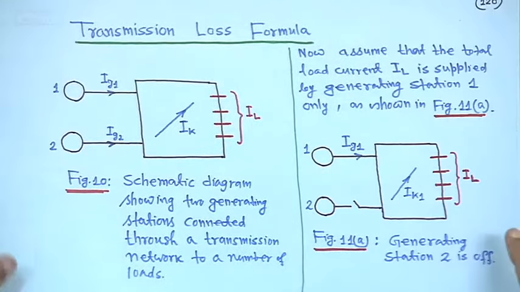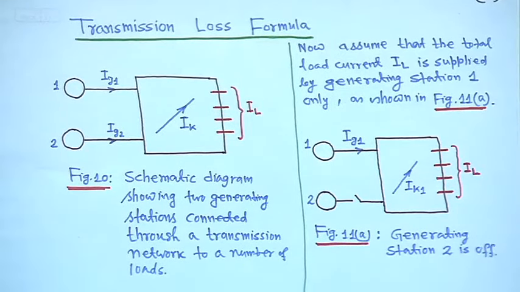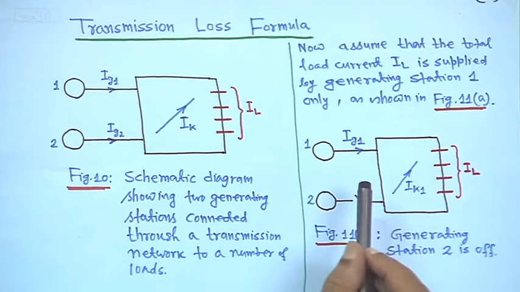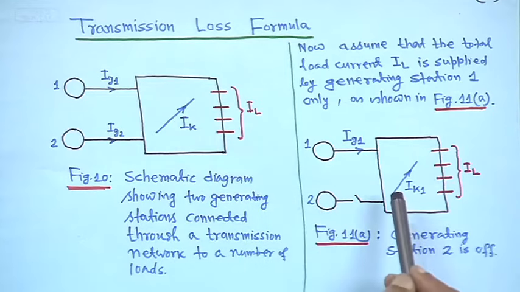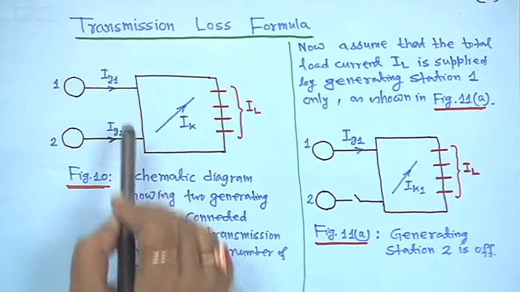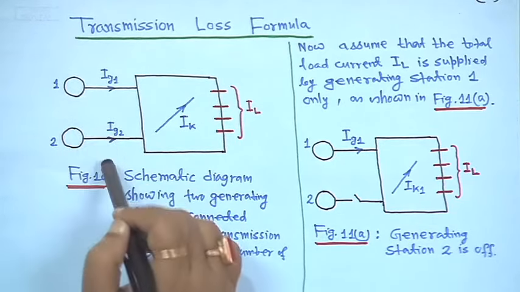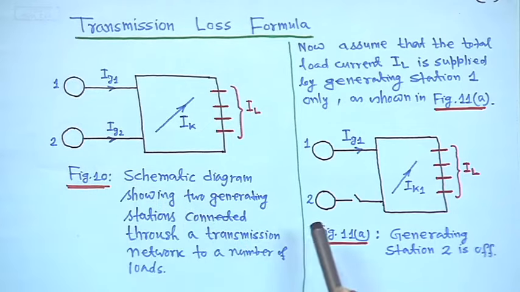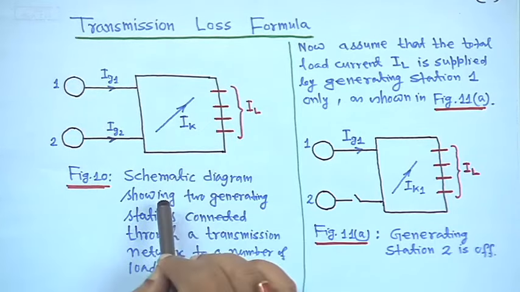Consider now the transmission loss formula, we have to derive this. Suppose this is a schematic diagram showing two generating units. Look at this side only, this is generator 1 and this is generator 2, and they are connected to transmission lines.